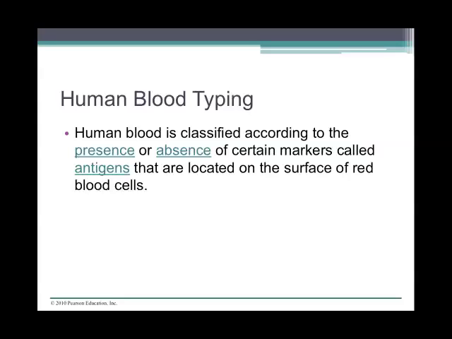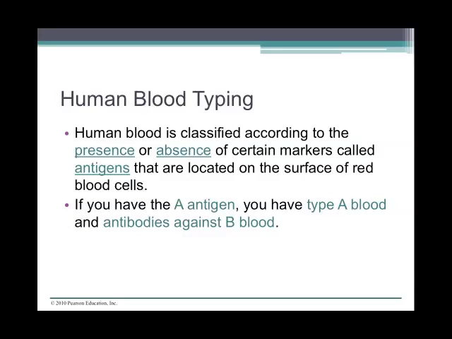The marker on this cell, they're calling an antigen, which we will be discussing a lot more when we go into the immune system. An antigen is just the marker on the cell. So you have the A antigen if you have type A blood. Okay, so that makes sense. The antigen, that's the marker on the cell, identifies it as type A blood.